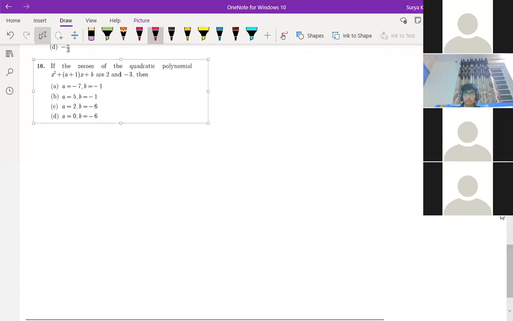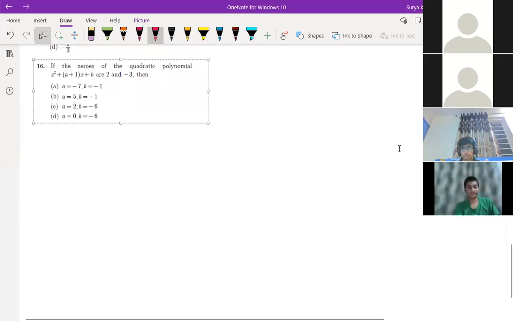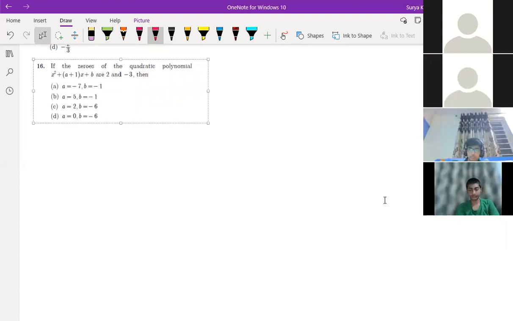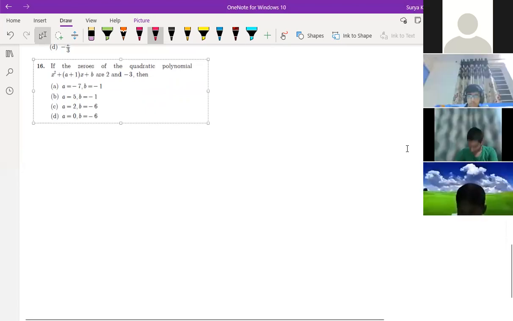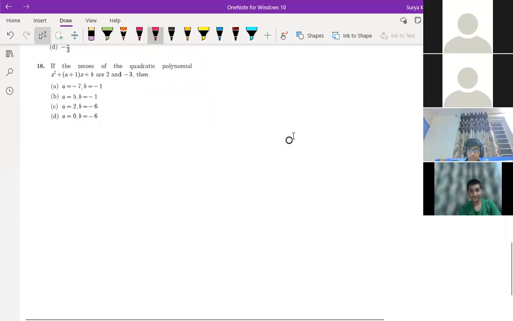Adarsh, Praharshan, please on your camera. See, I'll remove you children if you are having this problem. Drishi is not on, that's why you people are off, huh? You want Drishi to be on? Drishi, your camera is working, right?